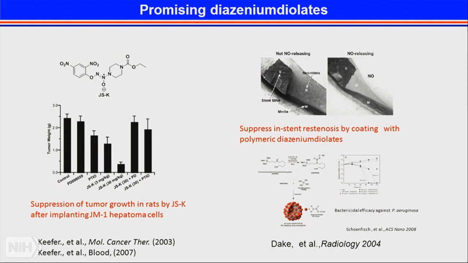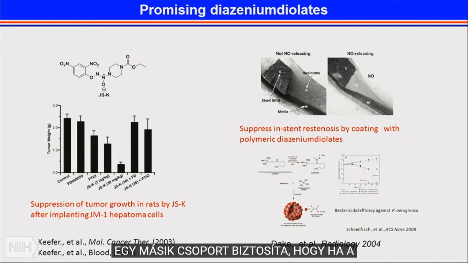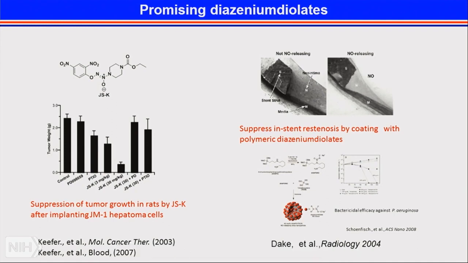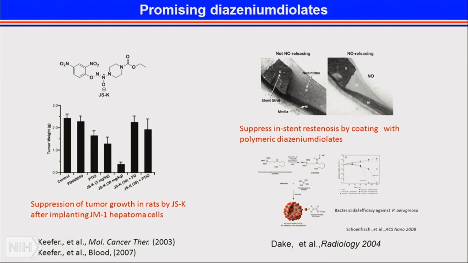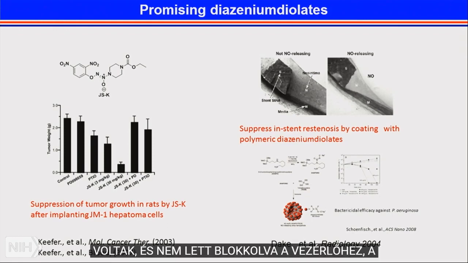Another group showed that when a stent is coated with NO-releasing diazeniumdiolate, it does not form scar tissue around it, and it does not block the stent. So these implants were much more effective, and did not get blocked compared to the control, the non-coated version.